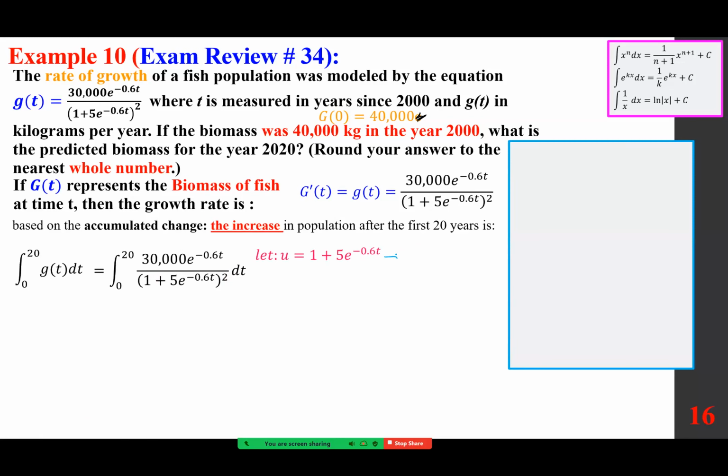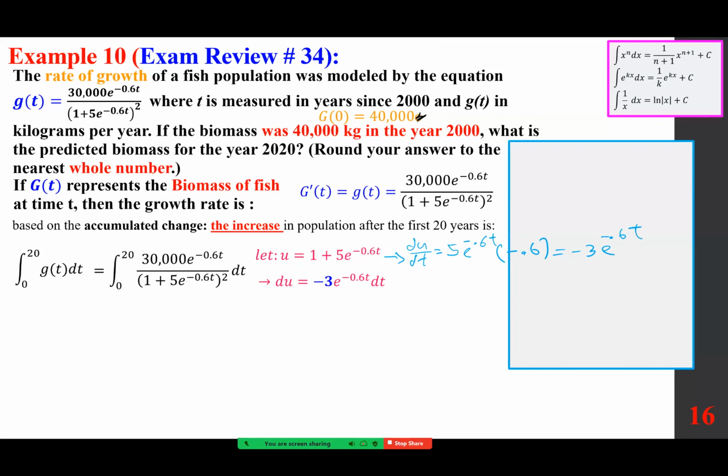If I differentiate this, I get du dt is 5 e to the power of minus 0.6t times minus 0.6, and that is negative 3 e to the power of minus 0.6t. Therefore, du is the same thing times dt.